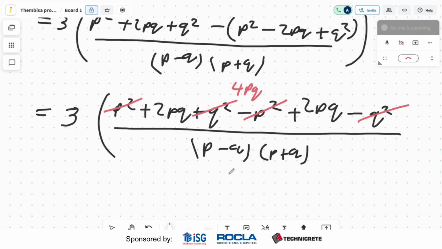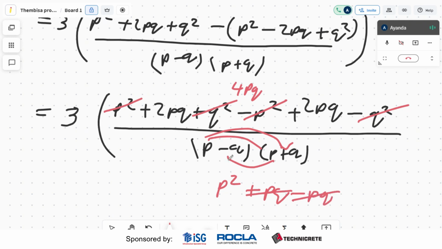And if we FOIL our brackets at the bottom, p times p gives us p². p times q gives us positive pq. Minus q times p gives us negative pq, so these two will cancel each other out. Minus q times q gives us q².